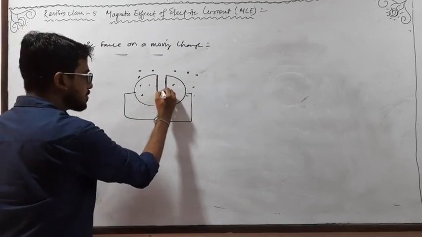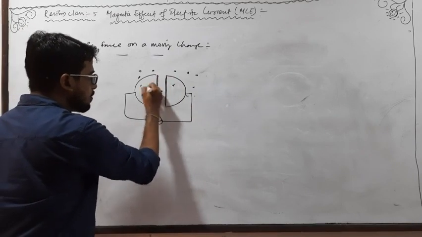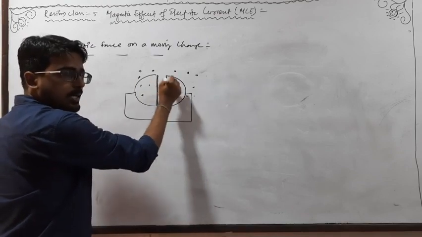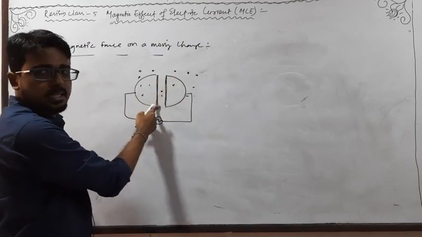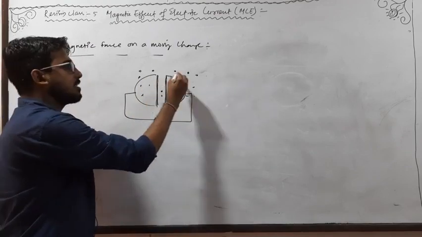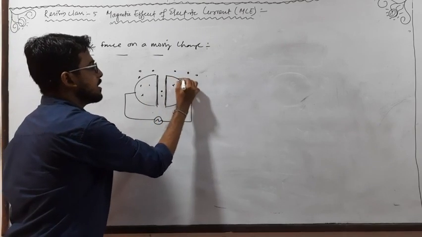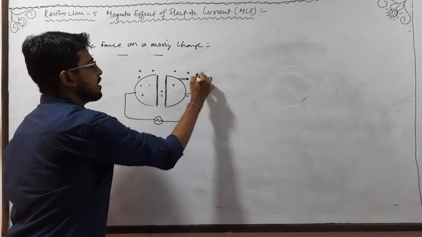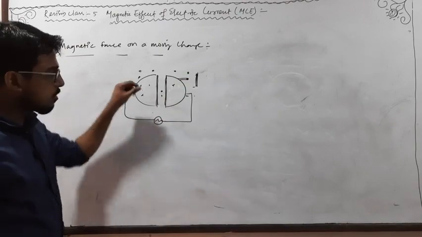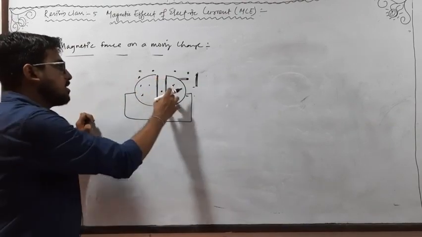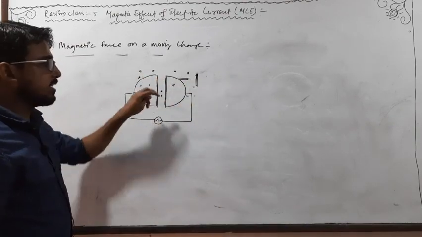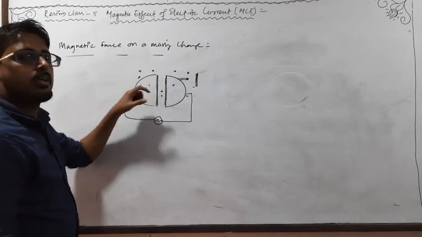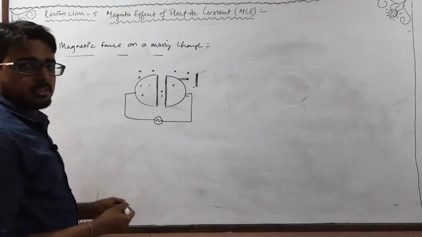That's why if a charged particle is placed there, it will start revolving in a circular path repeatedly, and gradually its velocity increases, and finally it gets accelerated and gets out of the D's in a path along which it will hit a target. This is the concept of the cyclotron, but this is not in your syllabus, so you don't need to go through it in detail, but if you want then you can refer to the previous lectures.